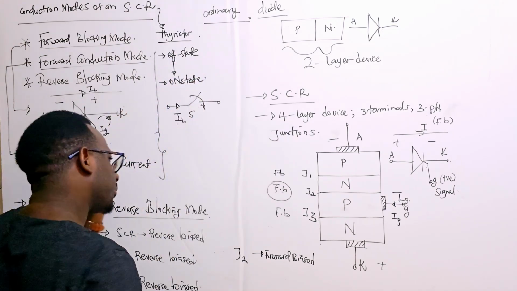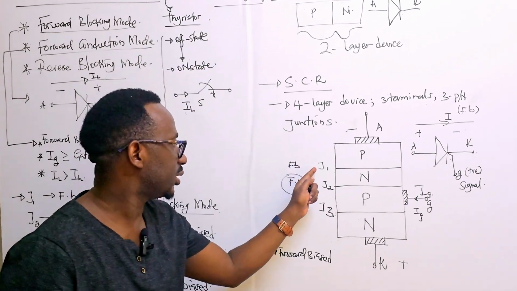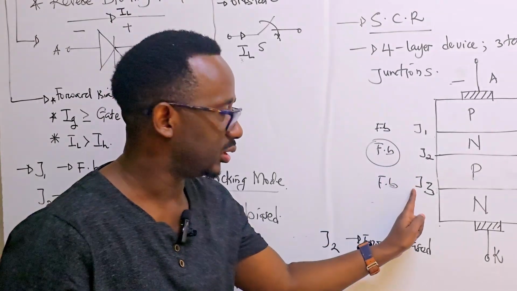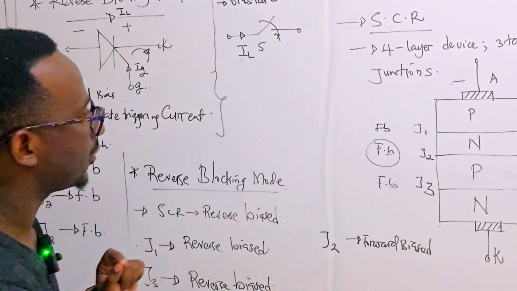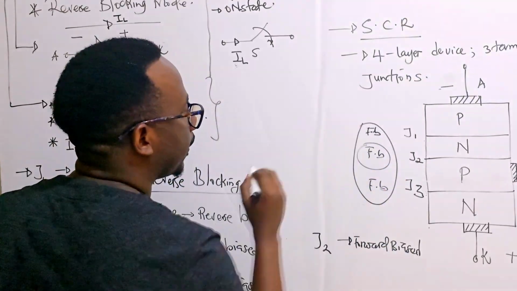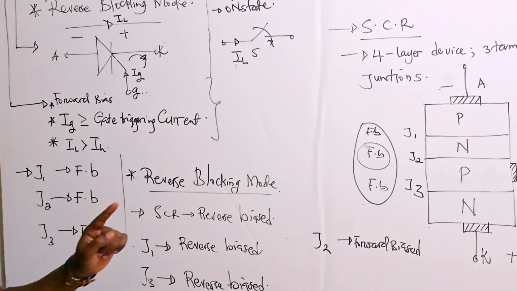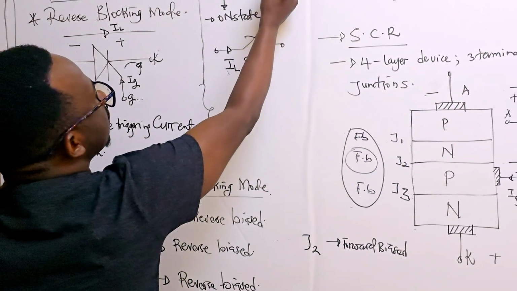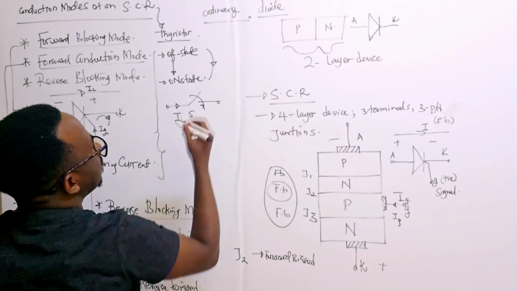That is, if all of the three junctions, junction 1, junction 2, and junction 3, are forward biased. Only that condition is what helps the device transition from that state to that.